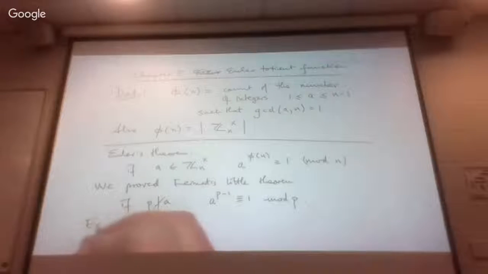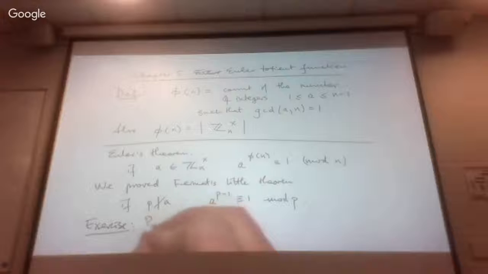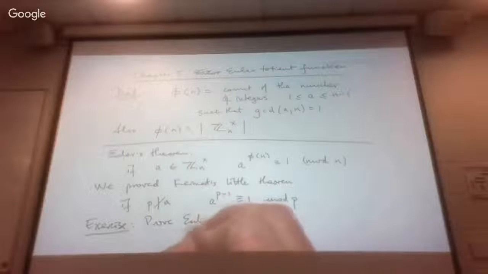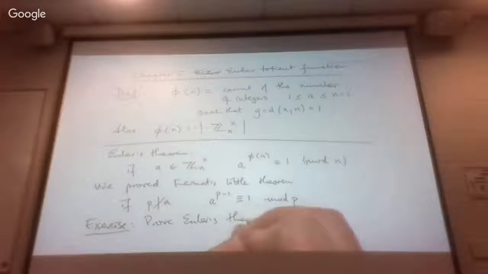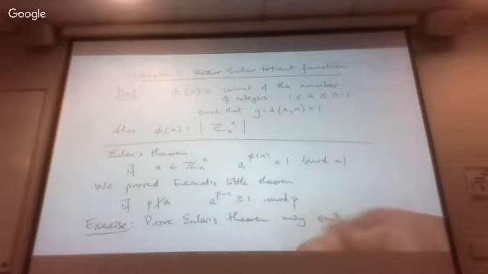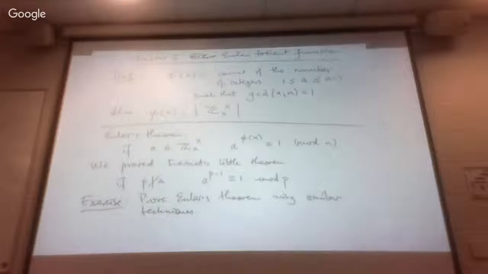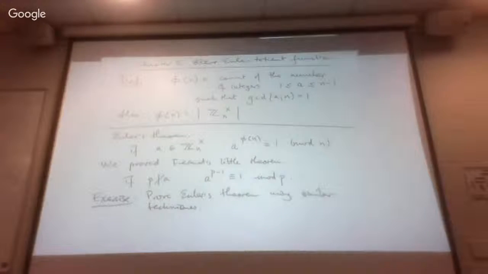And I left as an exercise for you, in addition to your coursework, to prove Euler's theorem using similar techniques. Look at how we proved Fermat's little theorem, and prove Euler's theorem in the spirit of that. We'll discuss the solution in a lecture or two's time.